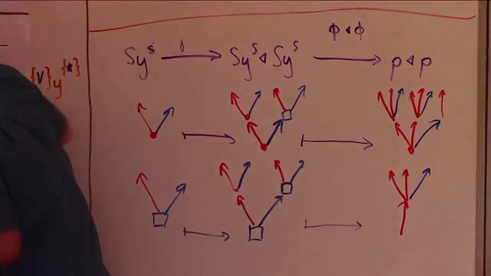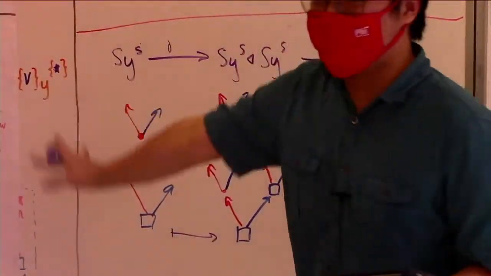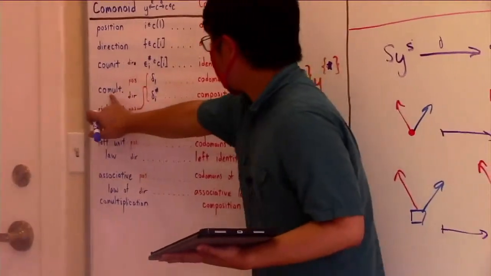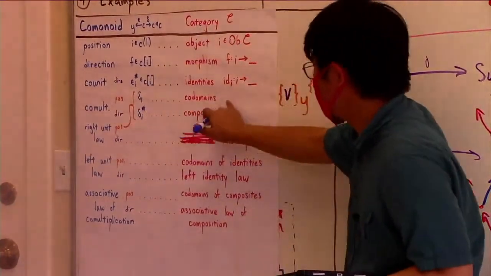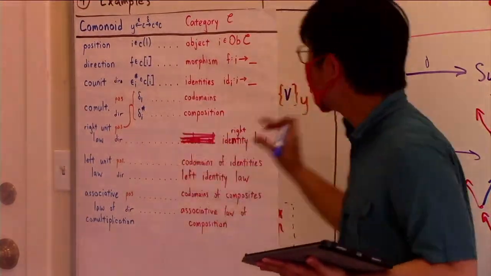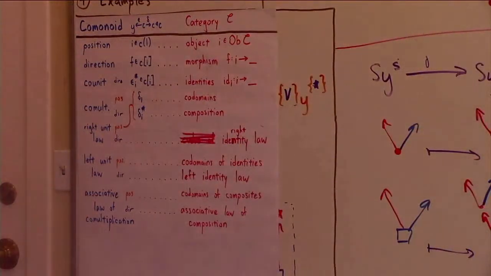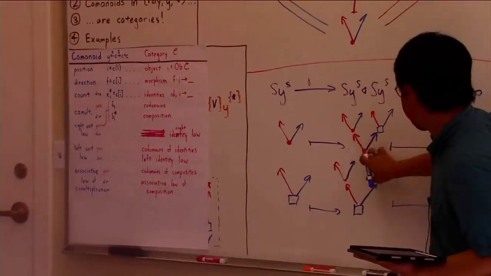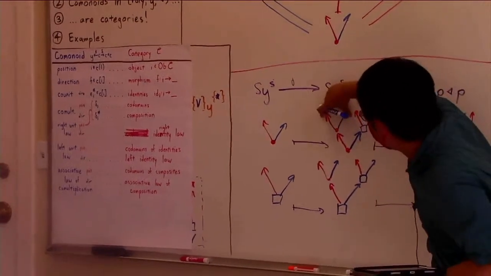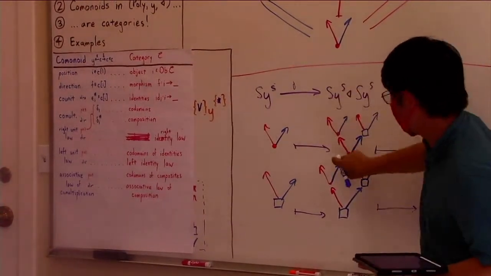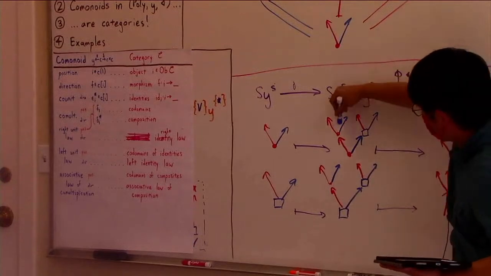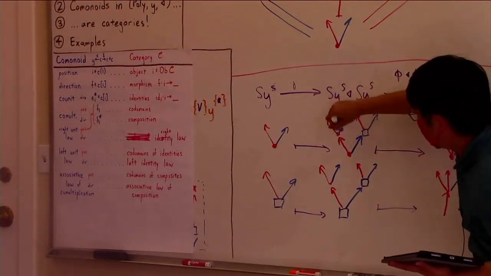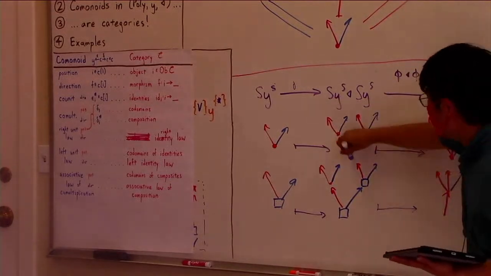And then delta is going to give us all of the other data for this category. On positions, our co-multiplication is going to tell us what the codomains for these morphisms are, because we haven't told you those yet. And really what that's saying is how we attach this second level to this first level. Whichever position we pick to attach to this arrow is going to be the target of that arrow in our category.